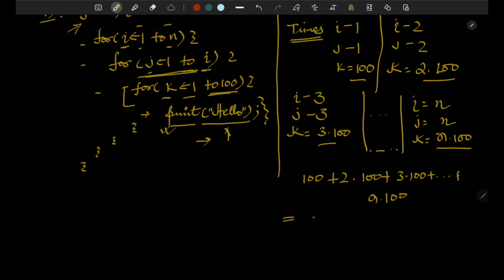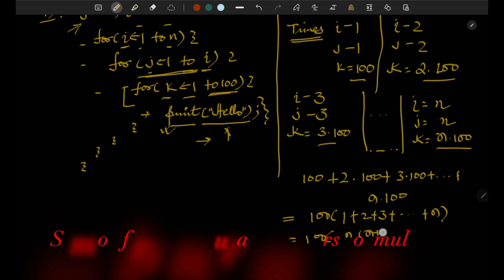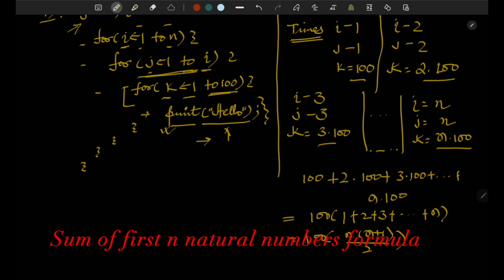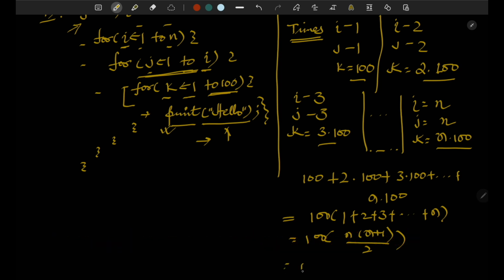So we can take 100 as common, then we have 1 plus 2 plus 3 plus n, and this is nothing but n into n plus 1 divided by 2, and eventually we will have 100 n square, like taking the most prominent part of this equation.